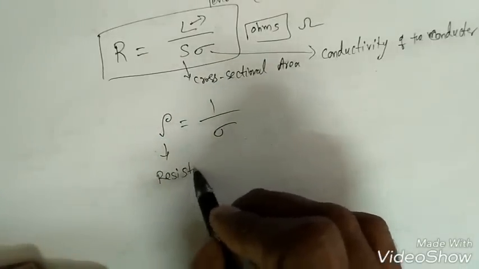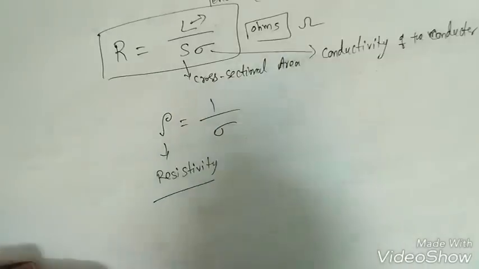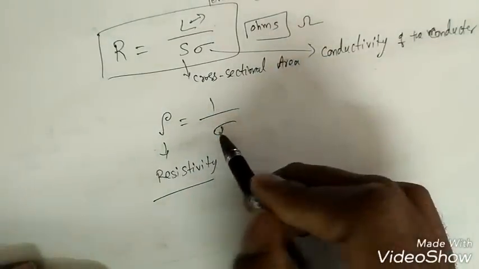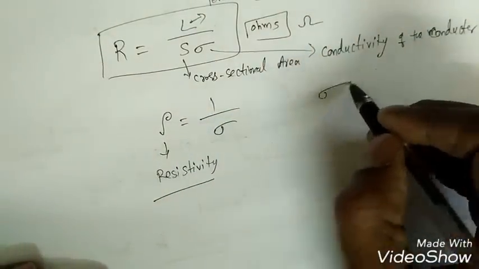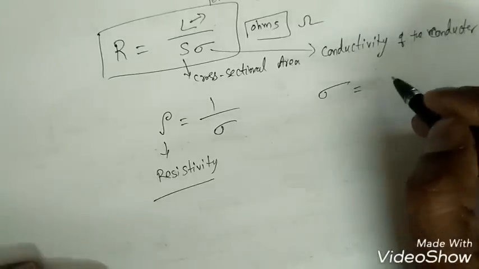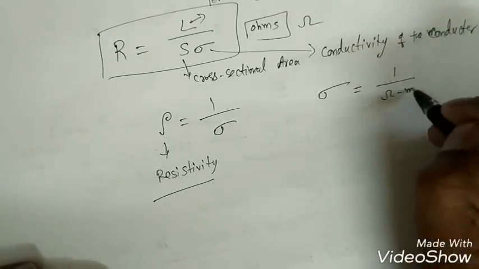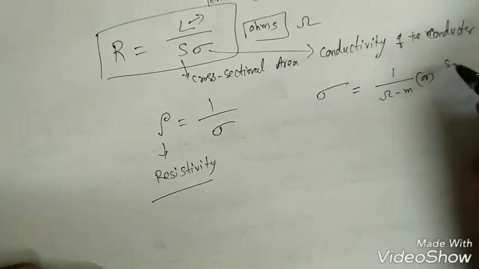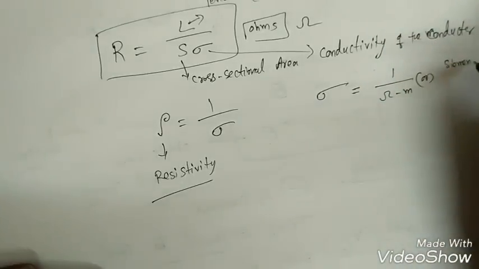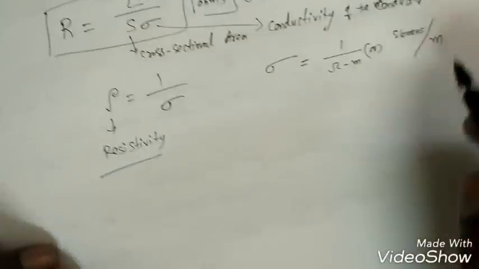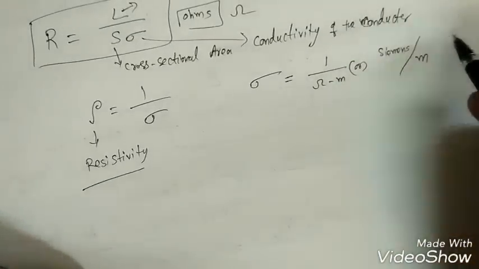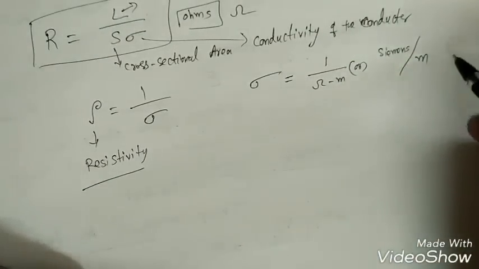So we need to find the units for sigma. Sigma is generally 1 by ohm meter, or we can say Siemens per meter. This is the SI unit, and Siemens per centimeter in other units.